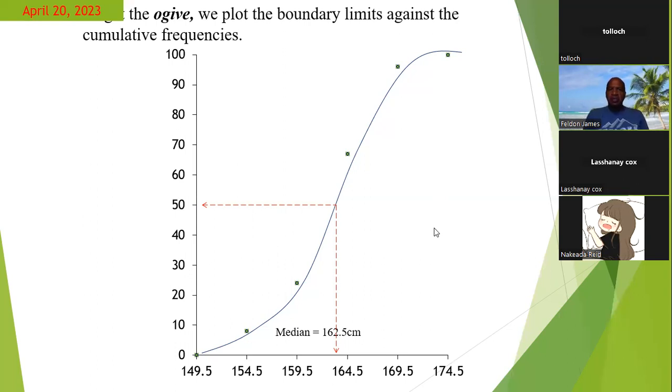So just to recap, if we are to find the median of a group distribution, we first need to construct a cumulative frequency curve. But before that, what we need to do is calculate our boundary values and our cumulative frequency values.